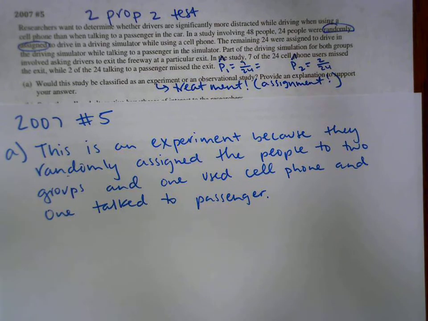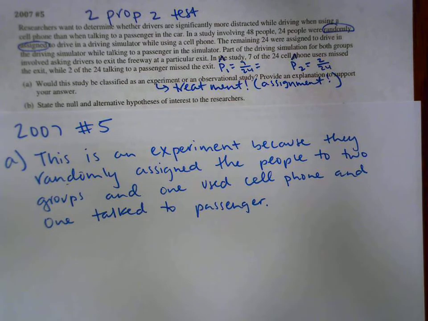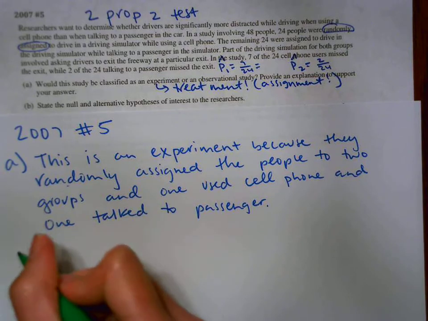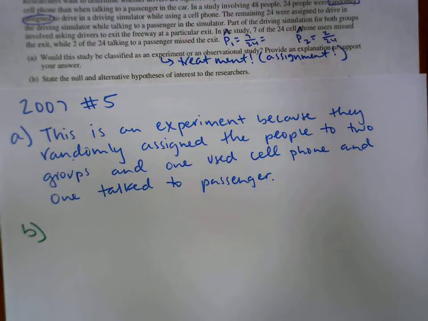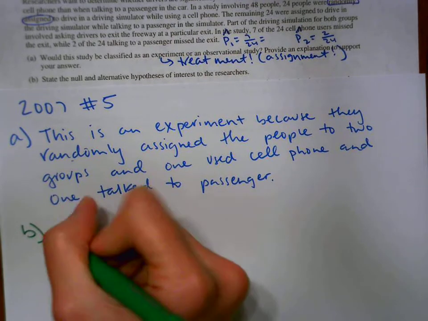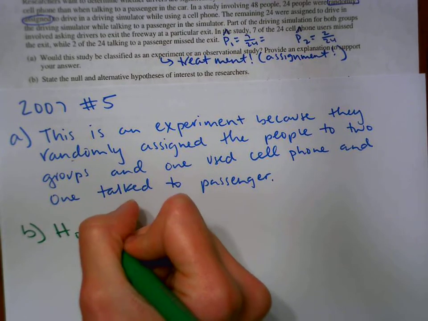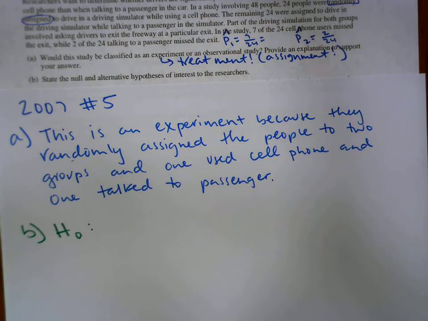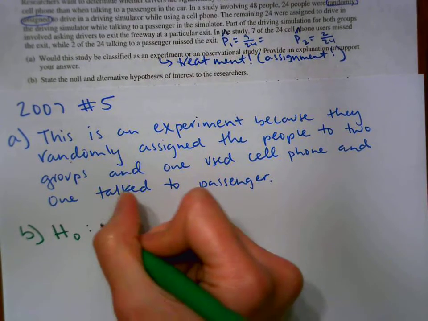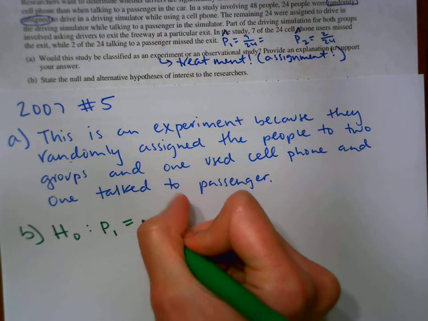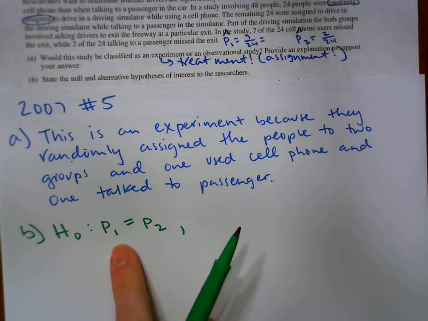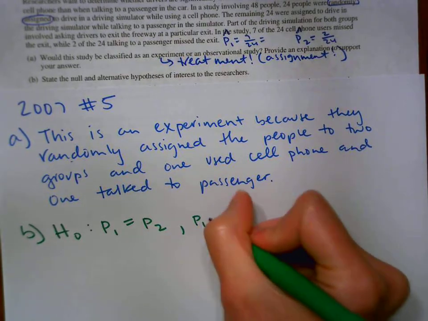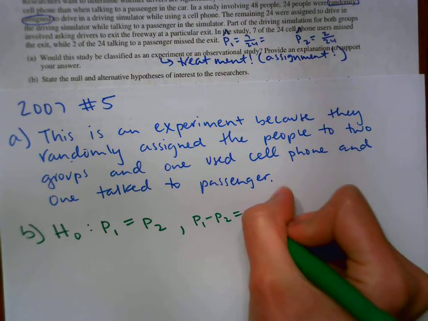Part B says, state the null and alternative hypothesis of interest to the researchers. If you have already decided that it's a two-prop z test, then you can jump in. The null, we know, is that there is no difference between the two proportions, that P1 equals P2. Or you could also write that, if you move it over to the other side, P1 minus P2 equals 0.